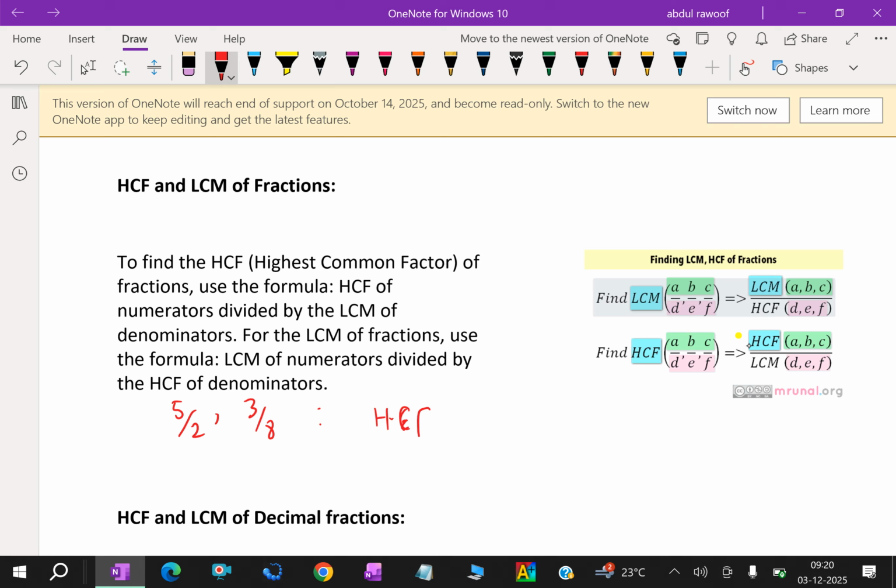HCF equals the HCF of the numerators, the highest common factor of 5 and 3.